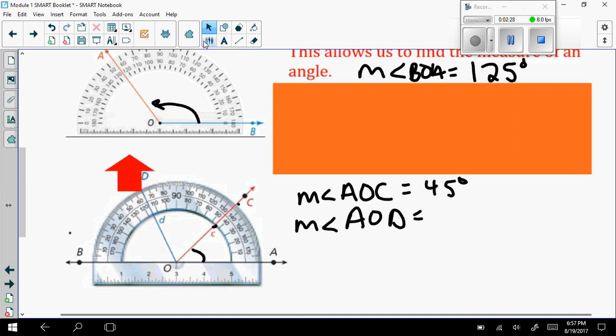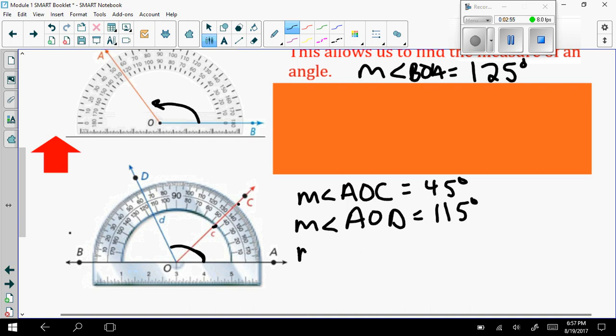Hopefully you can see that that is obtuse, so I'm going to look at the bottom version, because that's the bigger number, so 115. And if we want, we could also do the measure of AOB. Notice that that one is a straight angle. In other words, it forms a straight line.